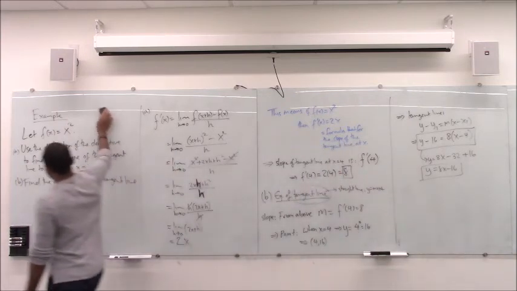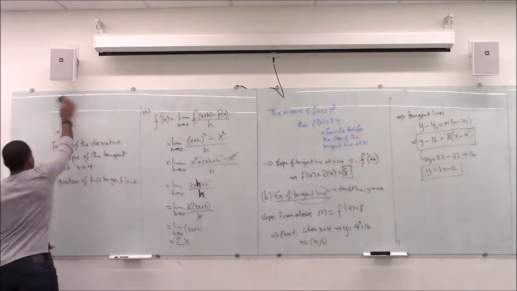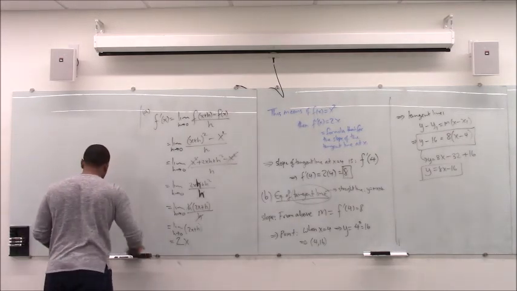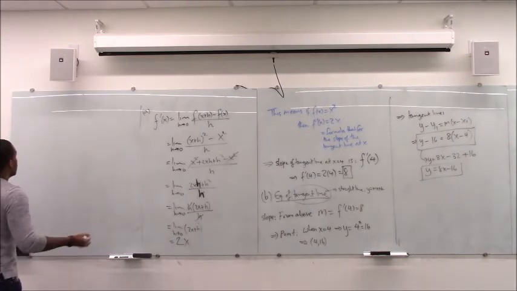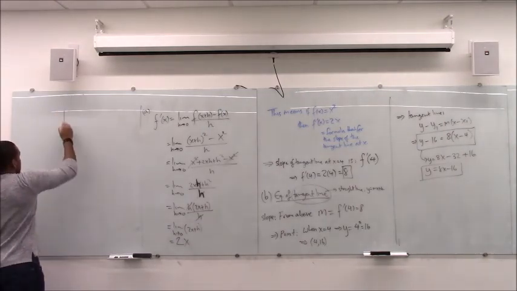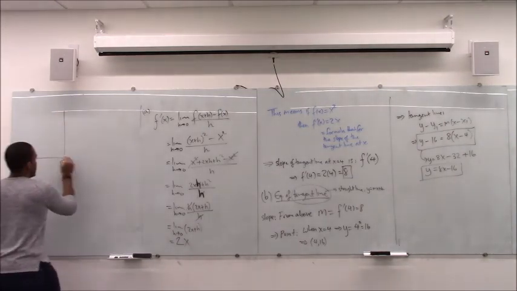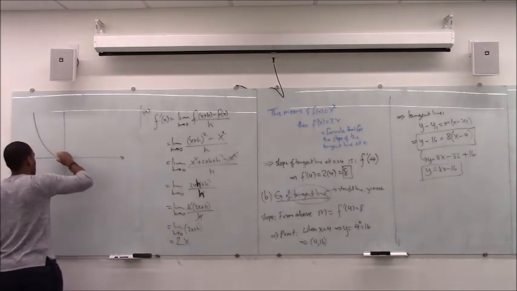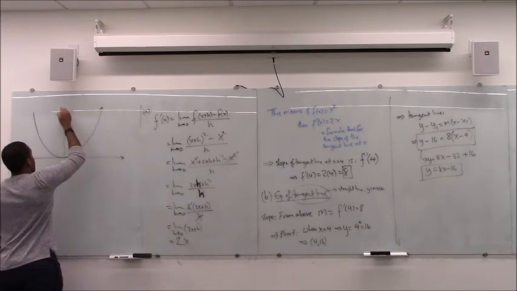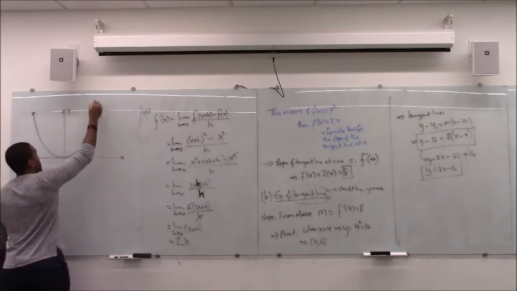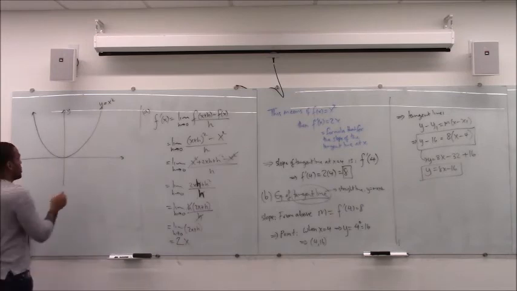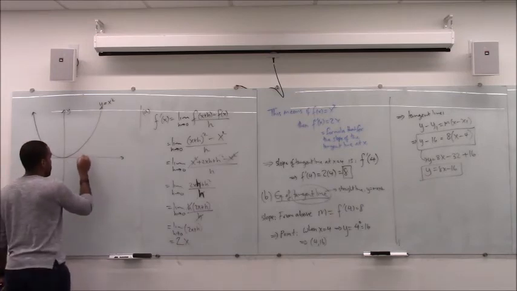Now, I want you guys to see what this means. So let's actually have a visual of the situation here. We had our function, y equals x squared. So this was our curve. Now someone told us, I care about what's happening at 4. So at 4, there's a certain point here.